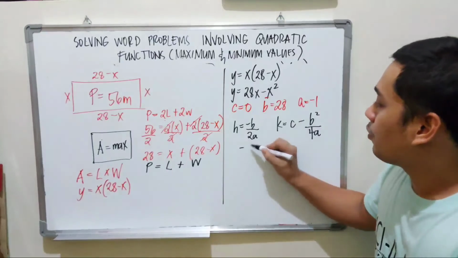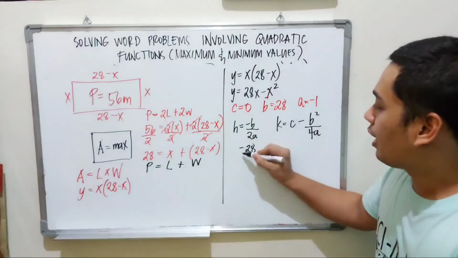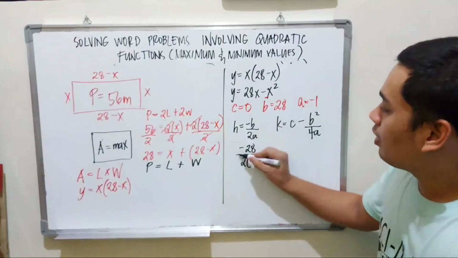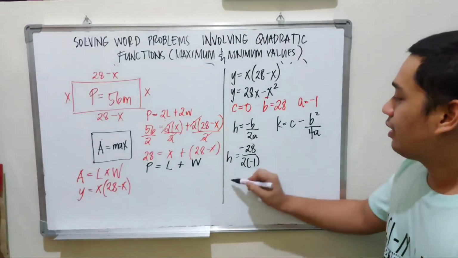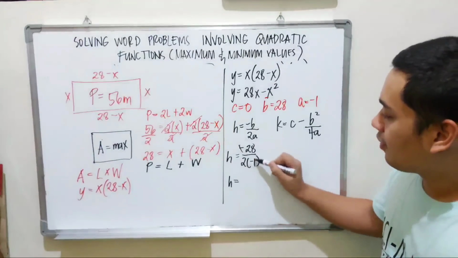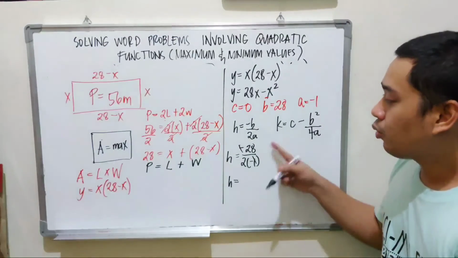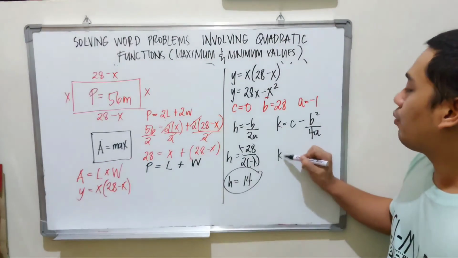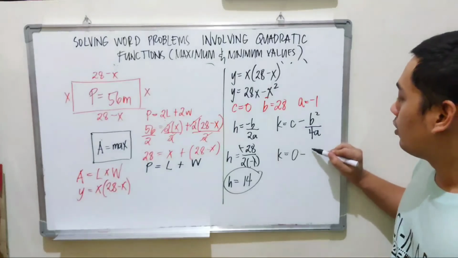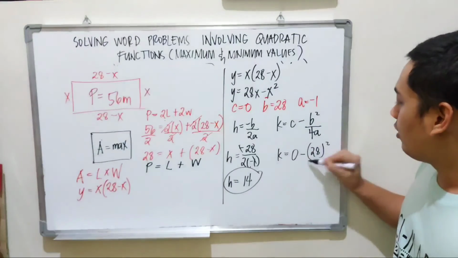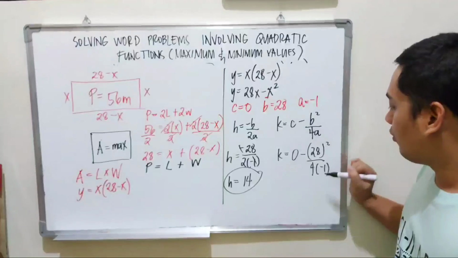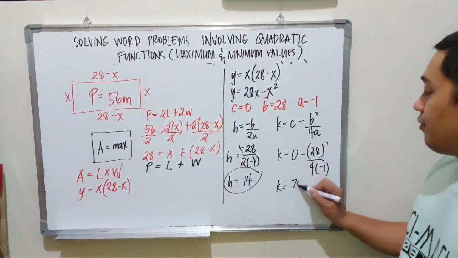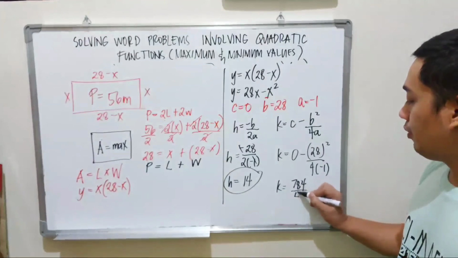Solve na natin. We have -28 over 2 times -1 as the value of our h. Then that is, canceling the value of our negative sign, 28 over 2 is 14. For the value of k, we have 0 minus 28 squared over 4 times -1. K is equal to 28 times 28. So 784 over 4.